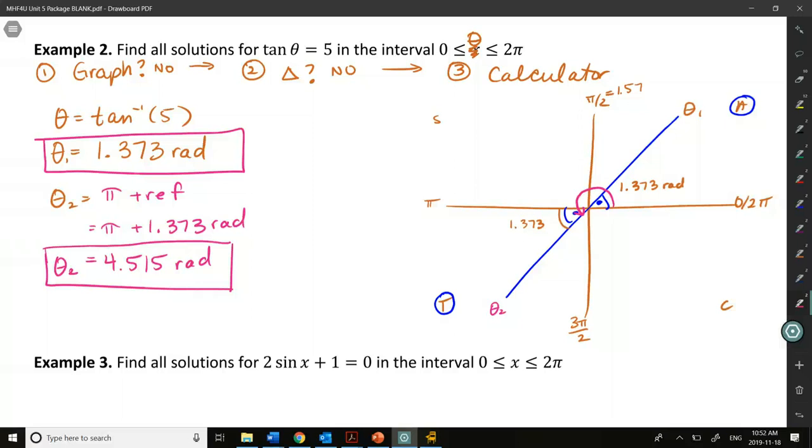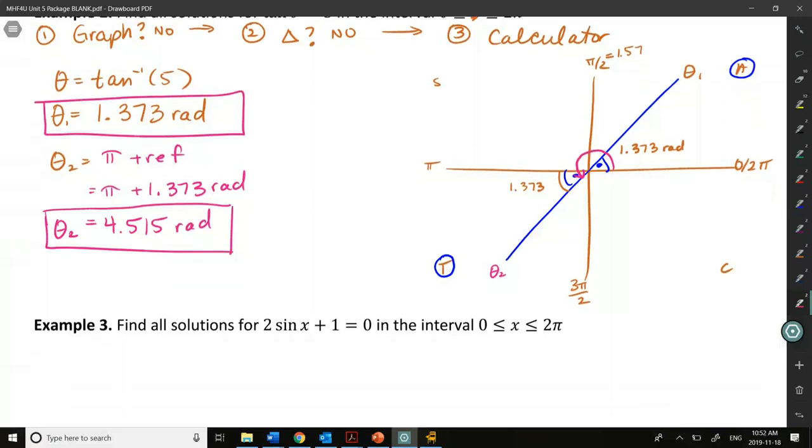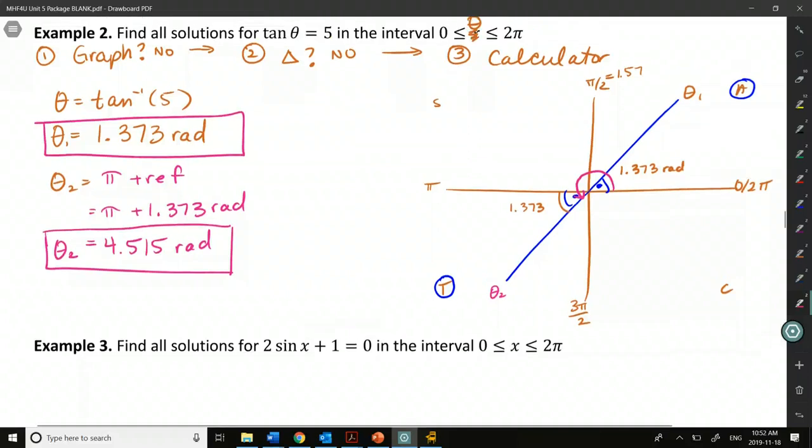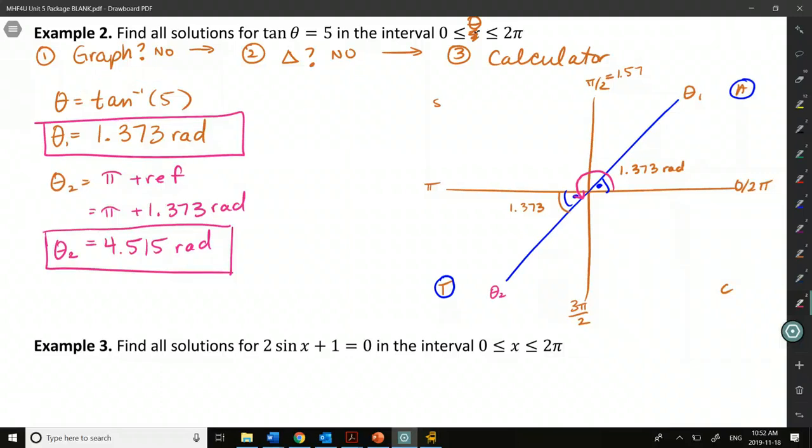We can always know for these ones. So far, so good? Where did we get 1.373? We did tan inverse of 5 on our calculator. Just make sure you're in radian mode.